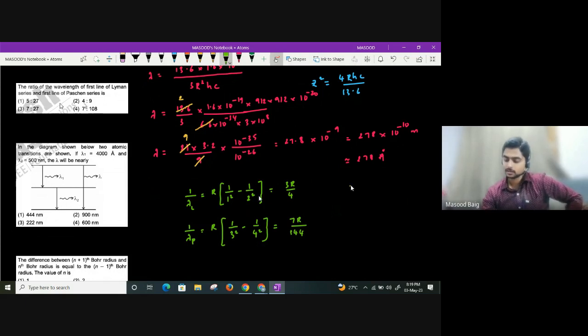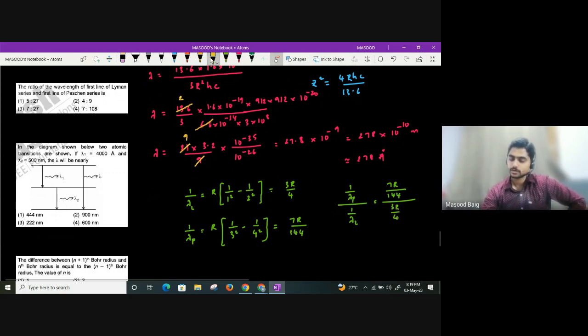So if I divide 1 by lambda P whole divided by 1 by lambda L, I'll get 7R divided by 144 whole divided by 3R divided by 4. What can we cancel out from this?